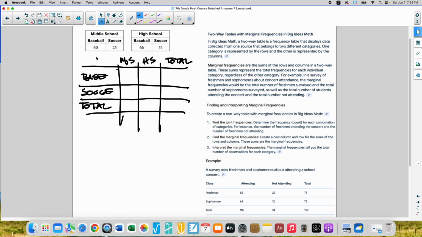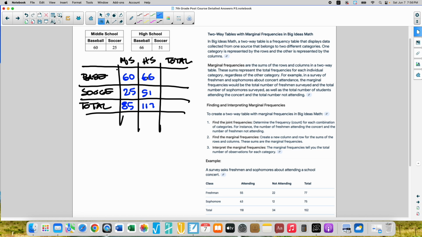So baseball for middle school is 60. Let's do it in a different color so we can see that. Baseball is 60 for middle school, 25 for soccer, which gives us 85 for total. High school is 66 for baseball and 51 for soccer, which gives us 117.